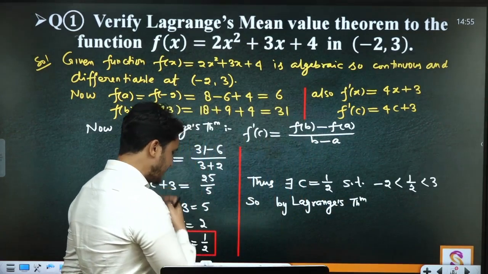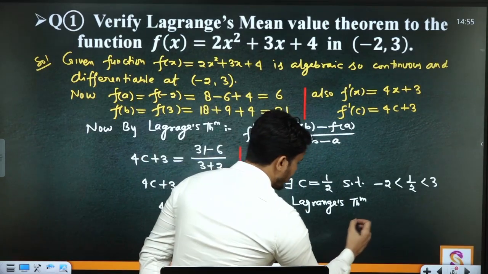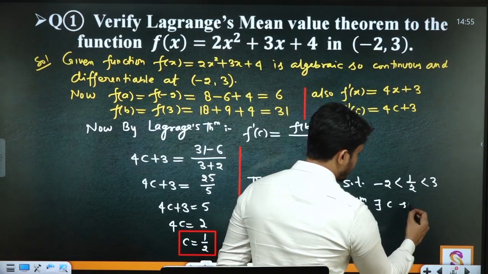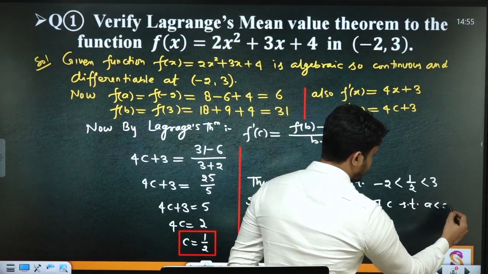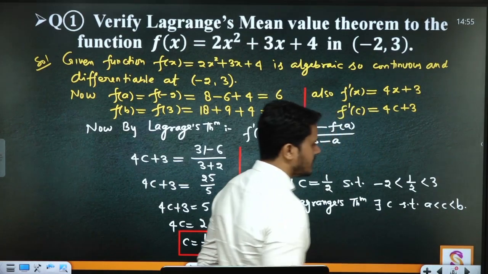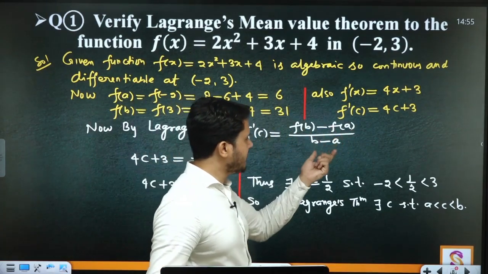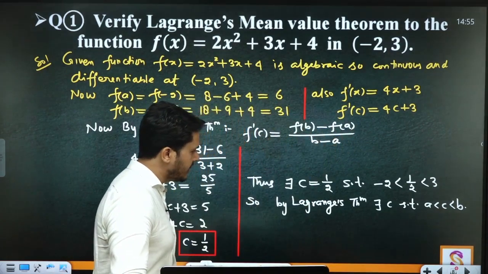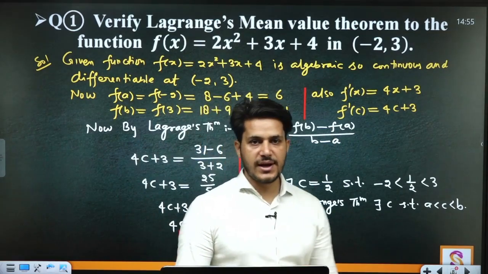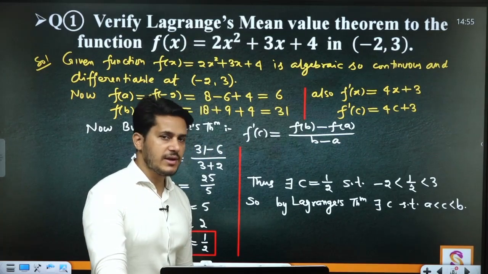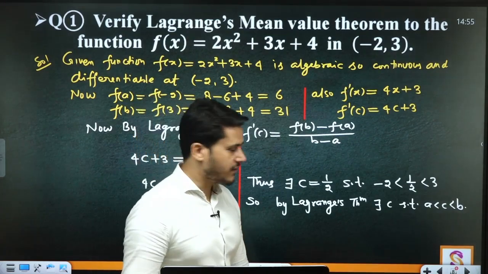क्या कहेंगे? There exists c such that a less than c less than b. तो ये स्टेटमेंट आपको f dash c equal to fb minus fa upon b minus a अप्लाई करना है, and after that you have to find at least one value of c which lies in the interval.